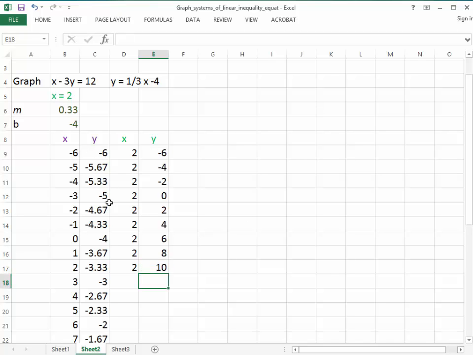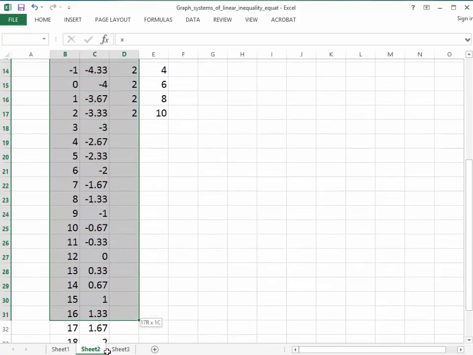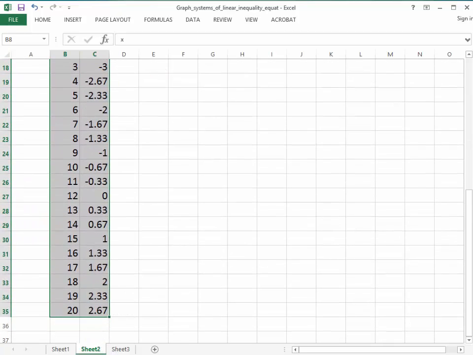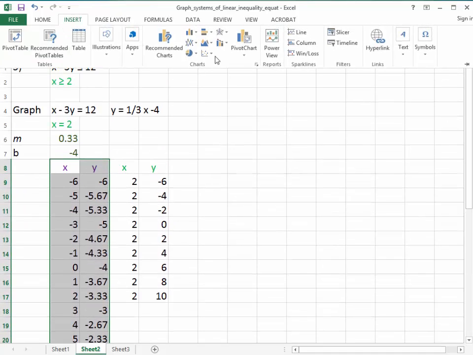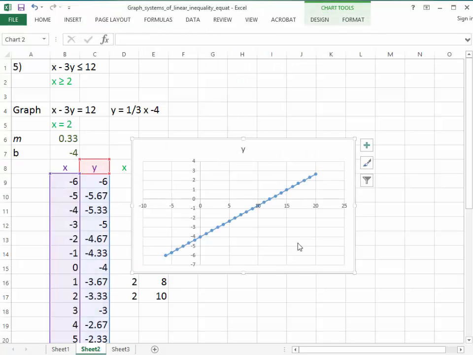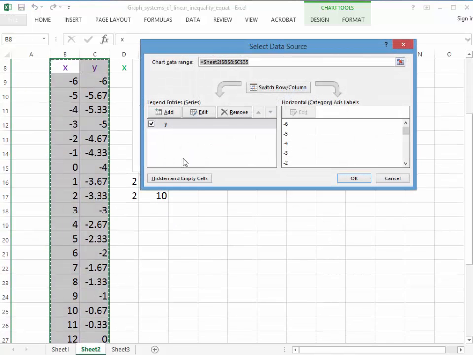And let's see how this works. Let's try it. We're going to take all the coordinates for the first inequality equation. I'm going to go to Insert, go to my chart, and this is what the line is going to look like. Right-click. I'm going to select Data.